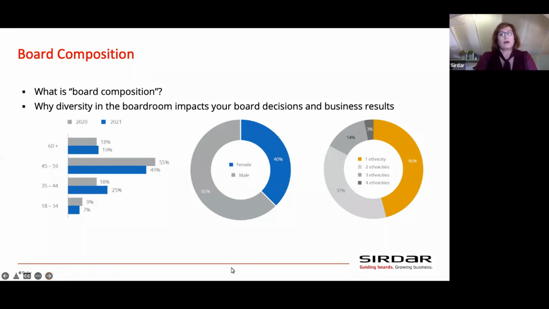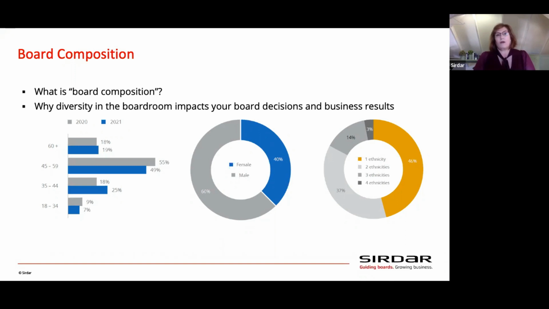I see we have a comment here. Is there a right mix of the three types of directors on a board? Very good question. It's important to have all three. Often you will have your executive directors, your CEO, potentially your CFO, and potentially shareholders in the room who are non-executive directors. But then you have your independent directors.